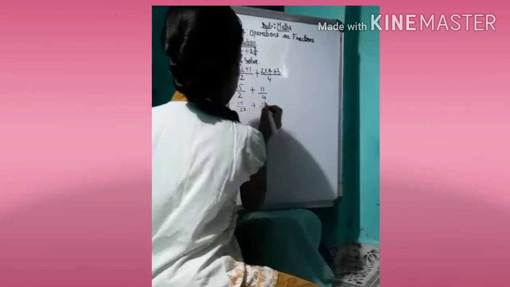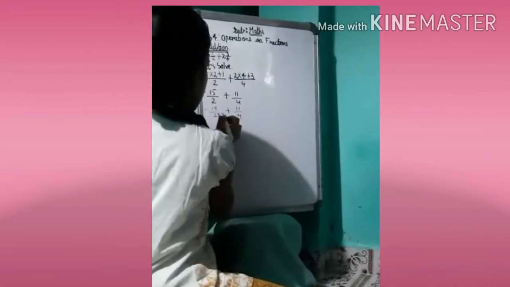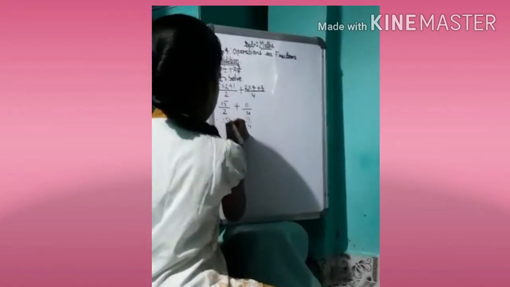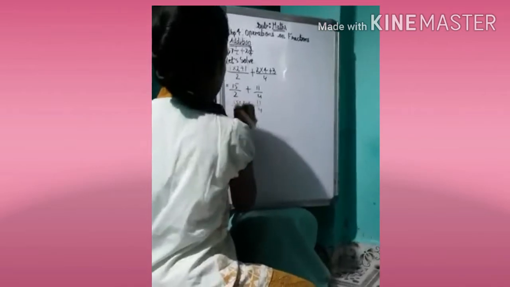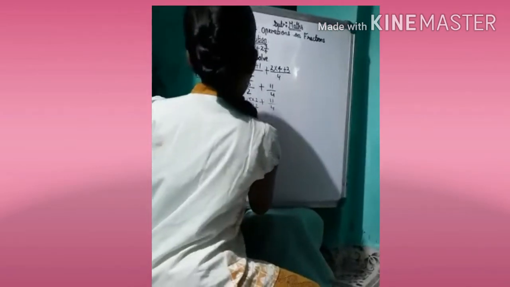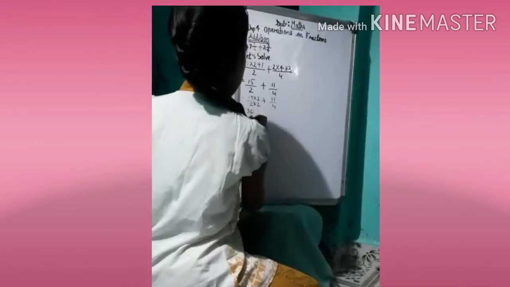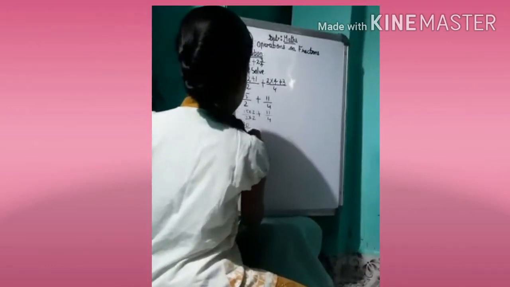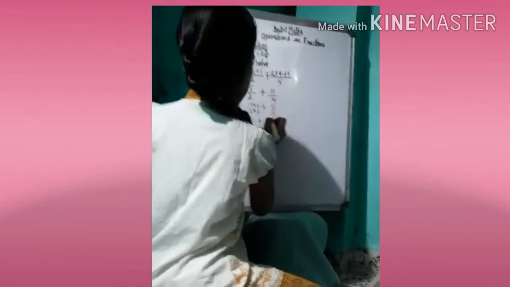Now we multiply 2 2s is 4, and we multiply only the numerator by 2. Now 15 2s is 30 and 2 2s is 4. Same we will write here also.